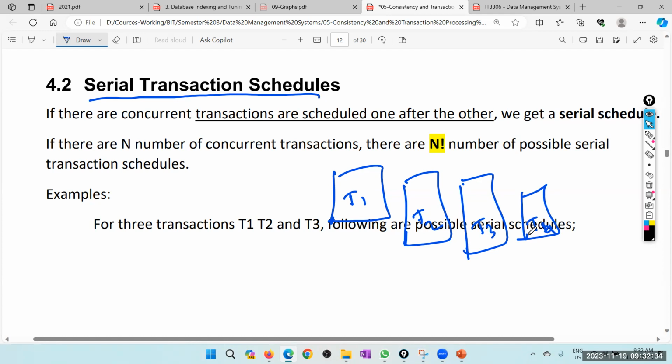Then we say it's a serial schedule. It's very simple. If you do transactions one after the other, definitely there are no issues. The only thing is it's not efficient, because other transactions have to wait until the previous ones are done. But no issue, no conflicts, because at a time, only one transaction is handled in the database.